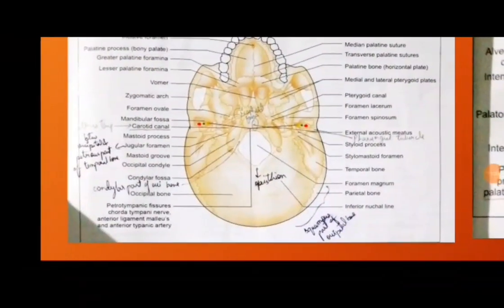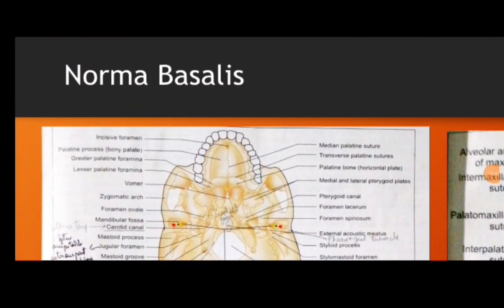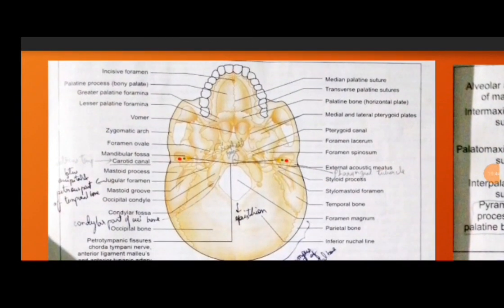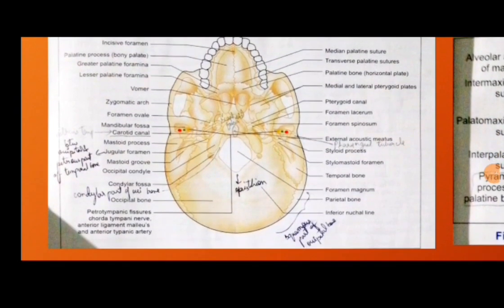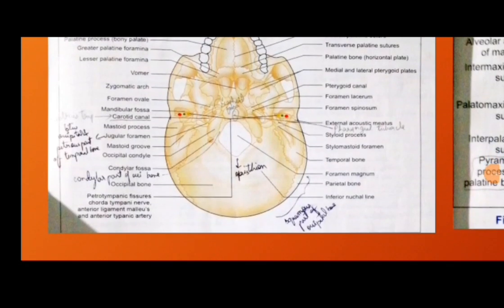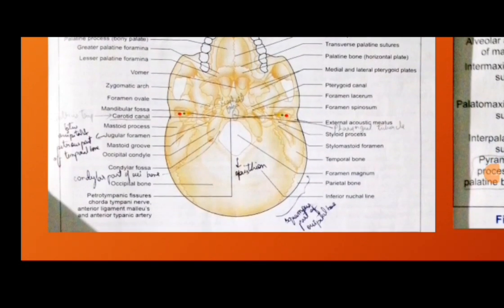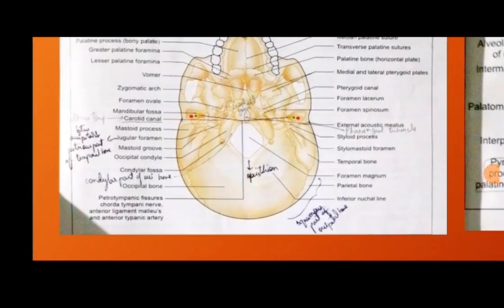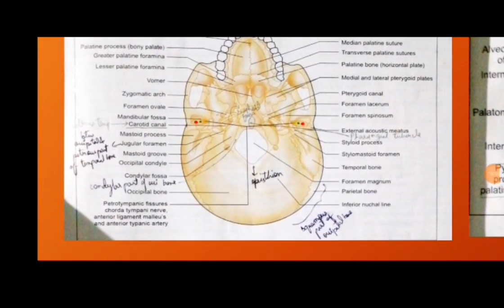Here we have the palatine process, greater palatine foramen, lesser palatine foramen, vomer, zygomatic arch, foramen ovale, mandibular fossa, carotid canal, mastoid process, jugular foramen.